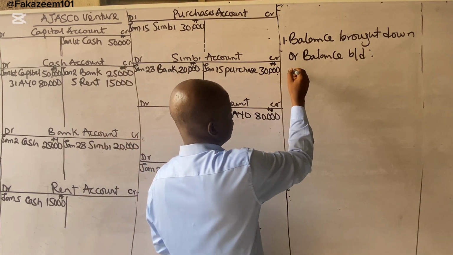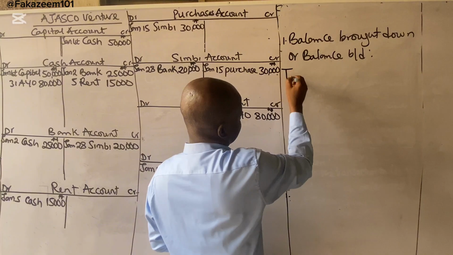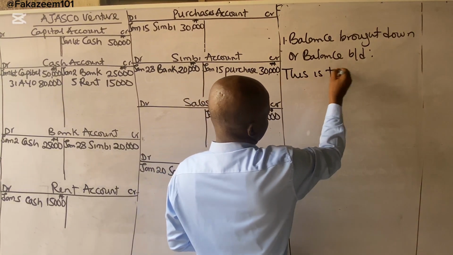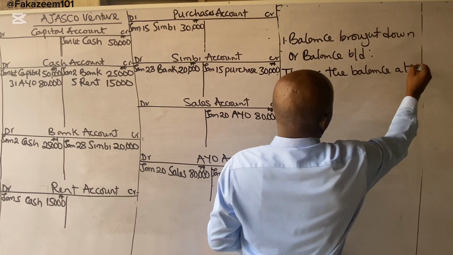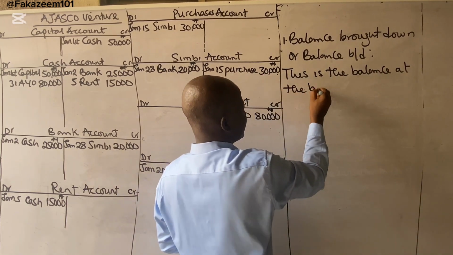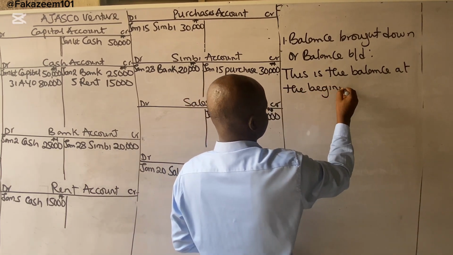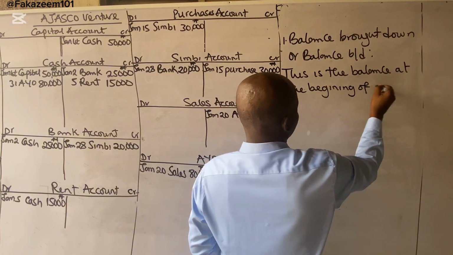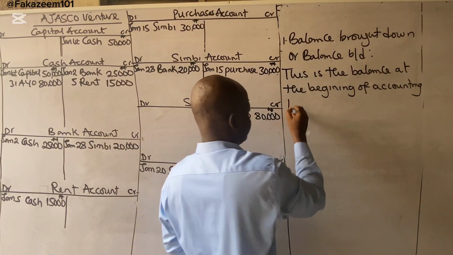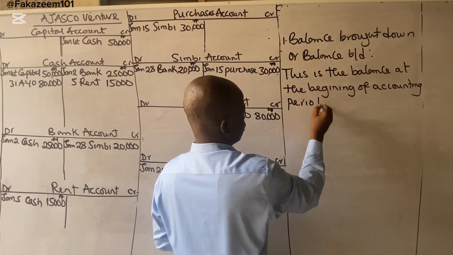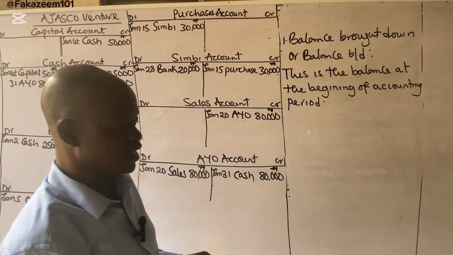Balance BD is the balance at the beginning of the accounting period. That's balance BD.